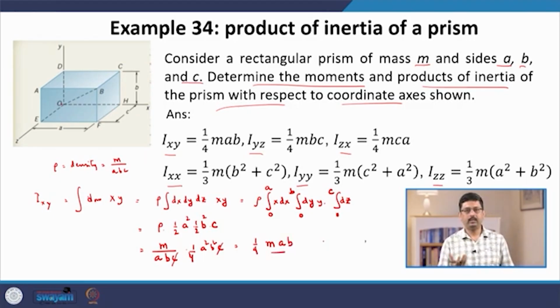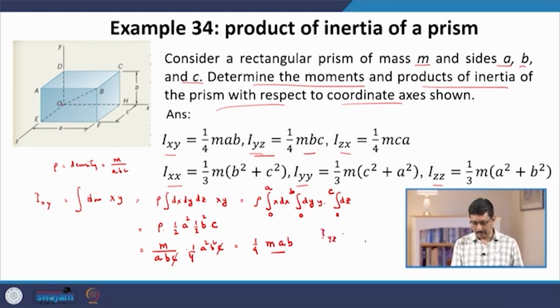Then by symmetry, by switching the indices, you can easily verify that Iyz will be 1/4 m b c and Izx will be 1/4 m c a.